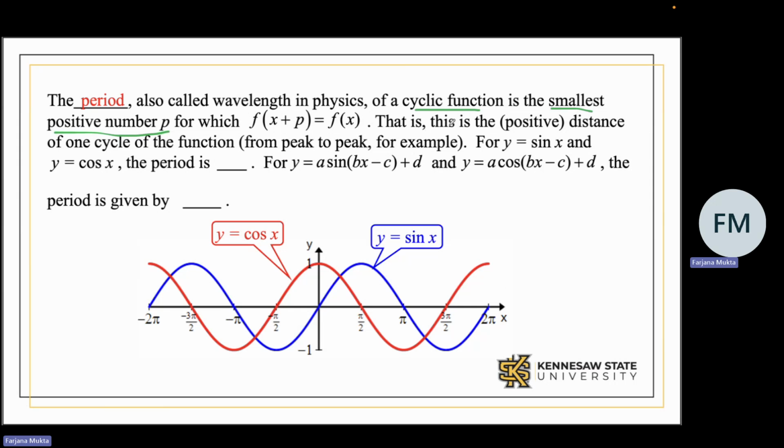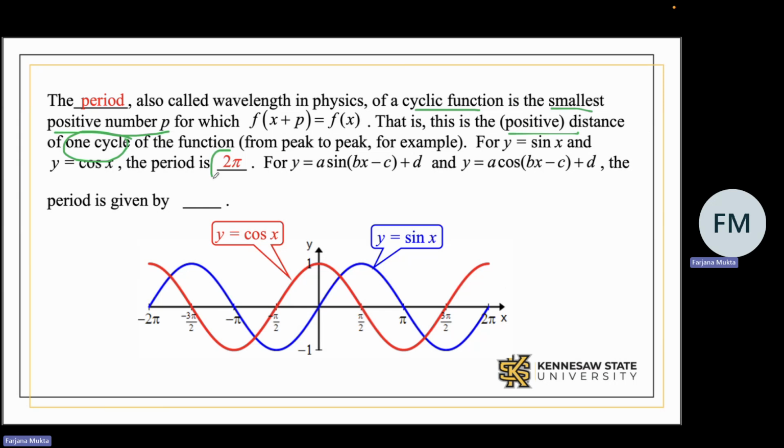That means it is the positive distance for one cycle of the function. You can think of peak to peak. What is the positive distance for one full cycle? For example, for sine or cosine, what is the period? What is our one full cycle? 2 pi, right?